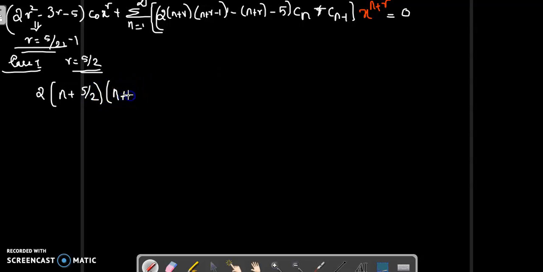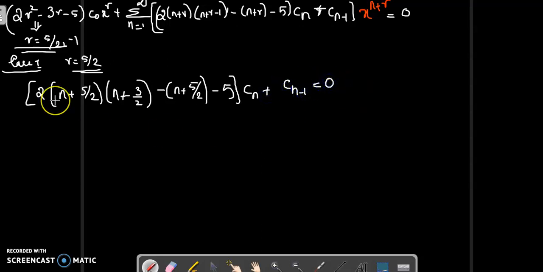That will be n + 3/2, since 5/2 − 1 gives 3/2. Minus 3(n + 5/2), minus 5, this whole thing into Cₙ plus the next term Cₙ₋₁ is equal to 0.